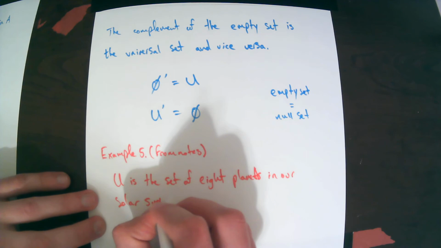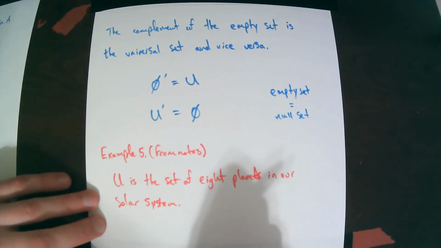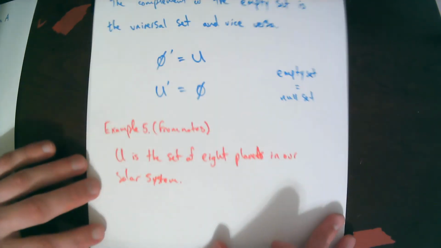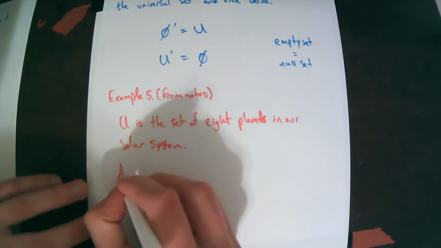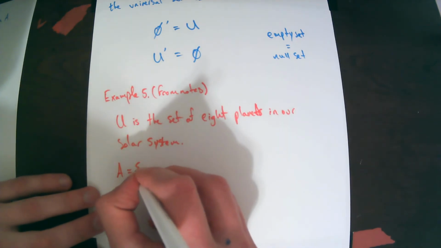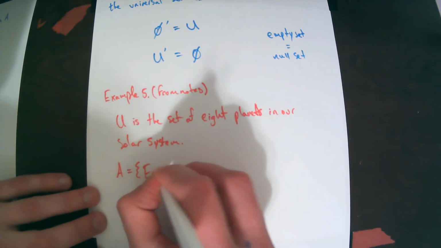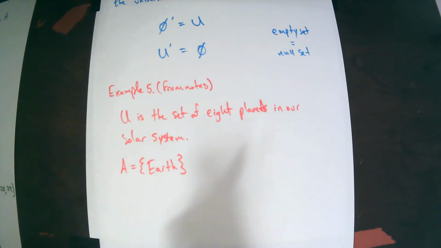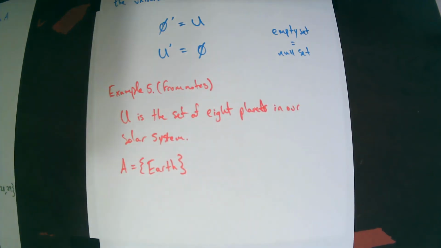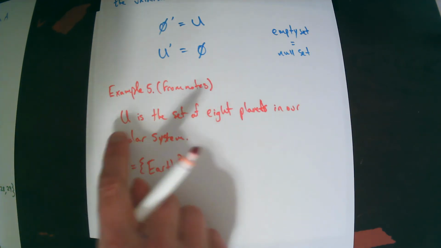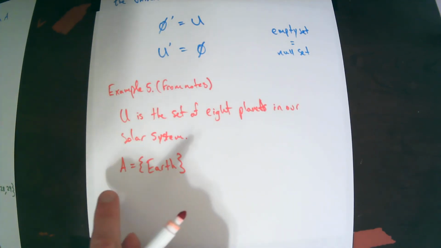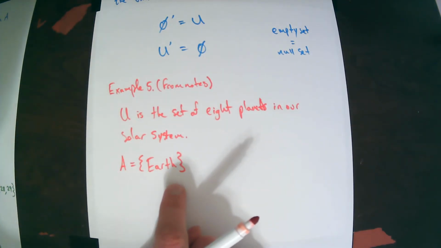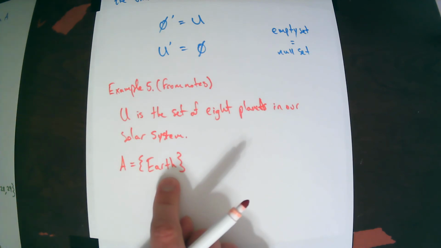Let A be the set of planets humans inhabit. So can I just go ahead and write that in roster notation because it's only one planet, Earth, right? We don't inhabit any other planet, at least not yet. So U is the set of all the planets in our solar system, the 8 planets, and A is the set of planets that we inhabit as humans, and that's just Earth.